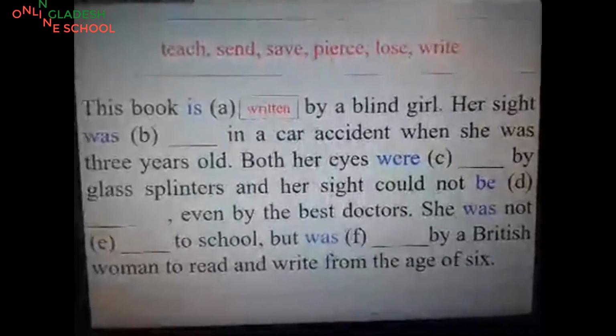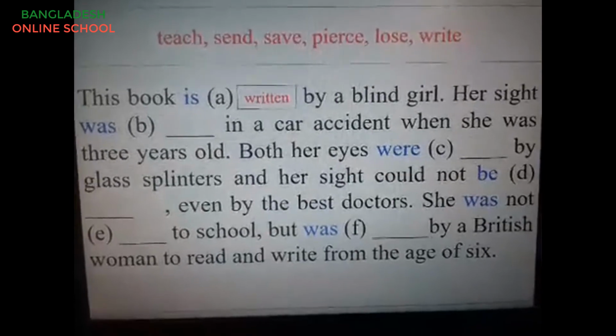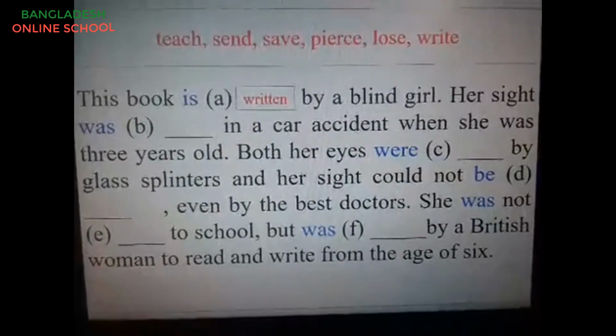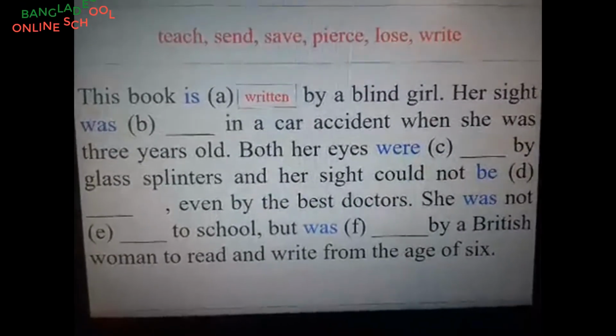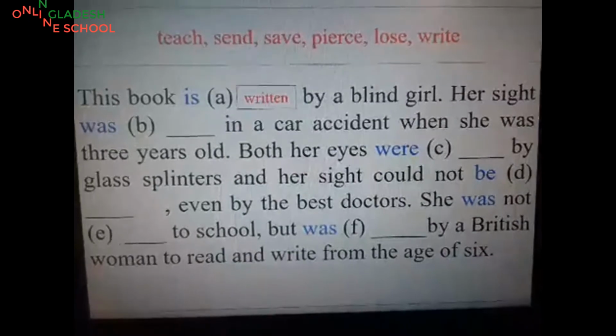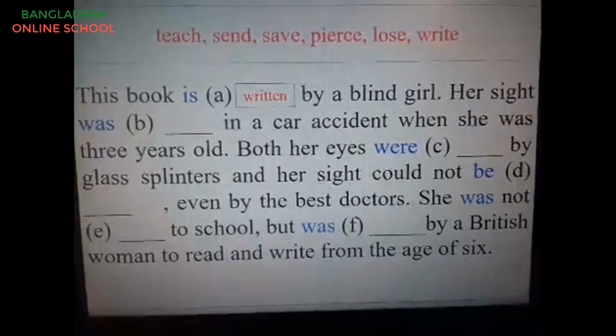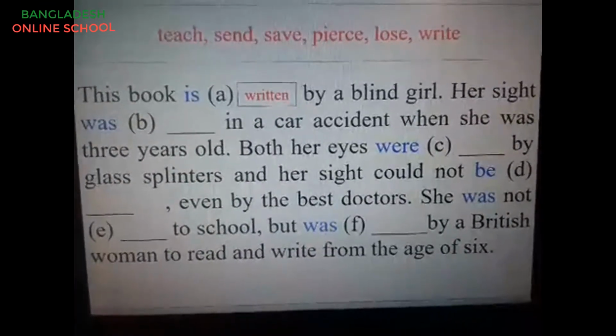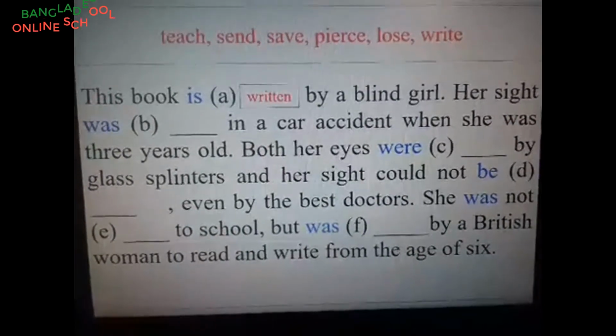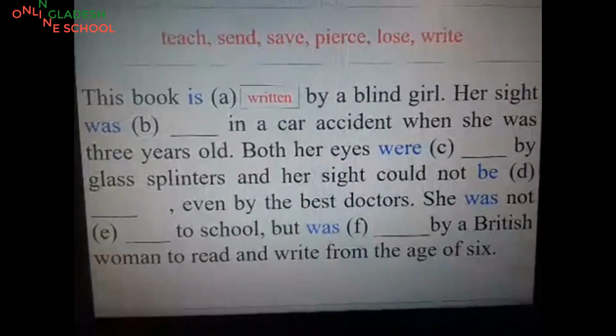Here, the doer is a blind girl, but the girl is not used as a subject here. Her sight was lost in a car accident when she was 3 years old.